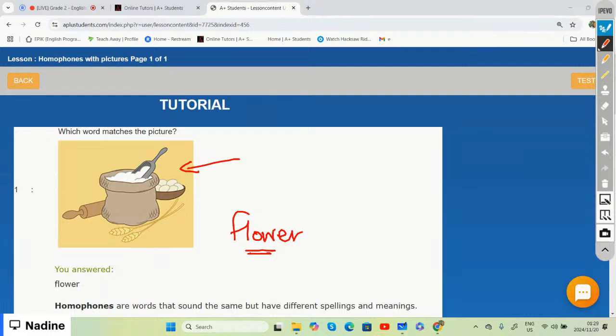And the word that sounds the same as this word, but the spelling as well as the meaning of the word is different, is flower. So if you look at the word, then flower and flower sound the same. As we can see, the spelling of the words are different, as well as the meaning of the words.